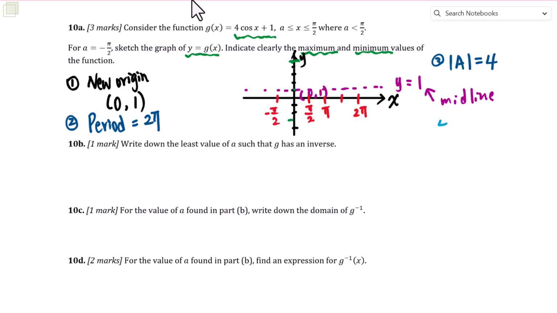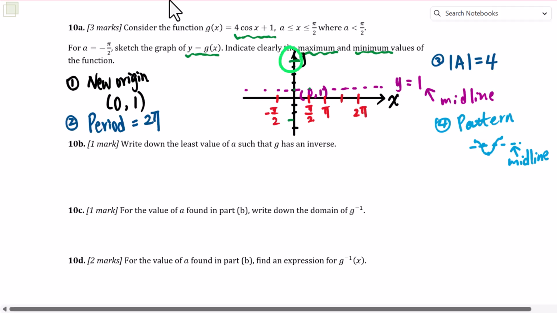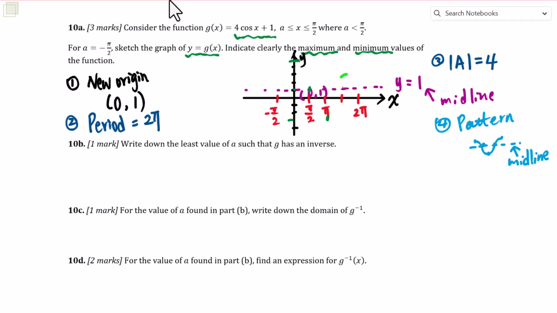Look at the pattern of the graph. Positive cosine gets started from maximum, then goes to midline. Let's get these 5 points: maximum, midline, minimum, midline, then maximum.